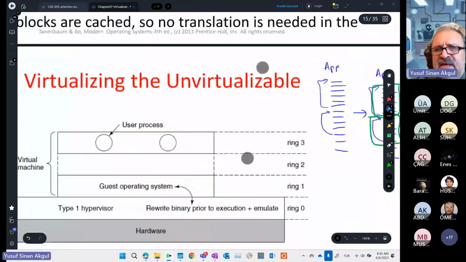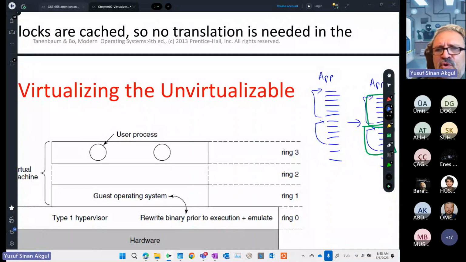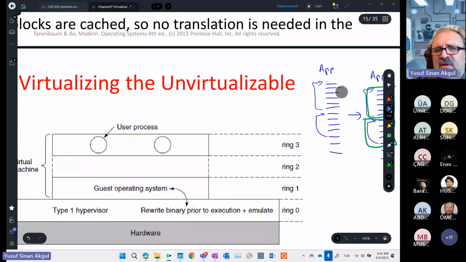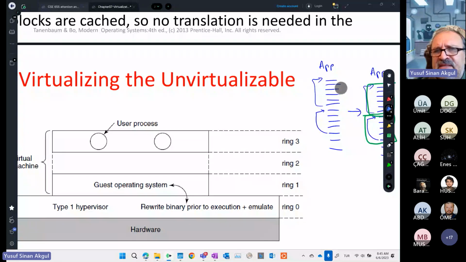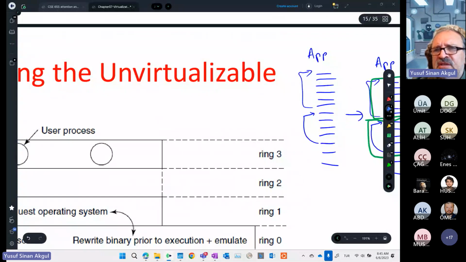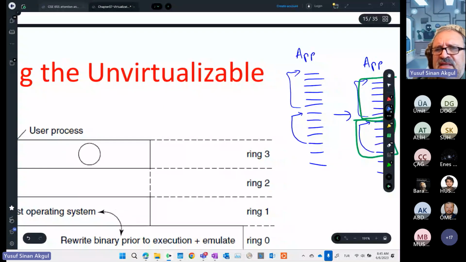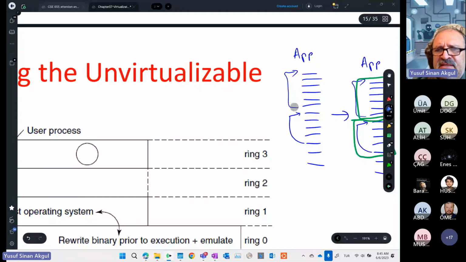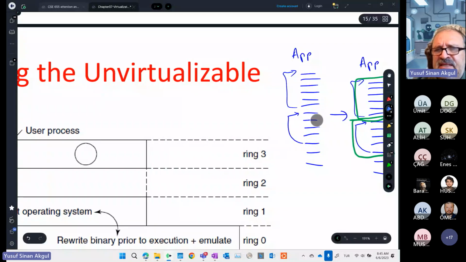If this is the code of the operating system, there is a piece of code where you have a number of lines and there's a jump instruction at the end. Another piece of code, a number of lines, and there is a jump instruction at the end.